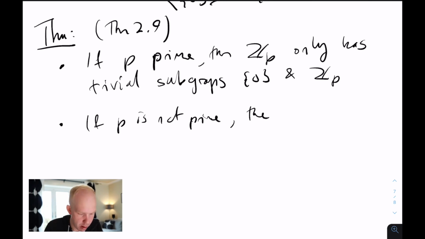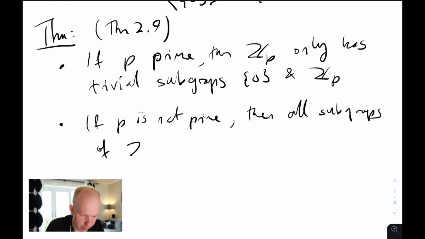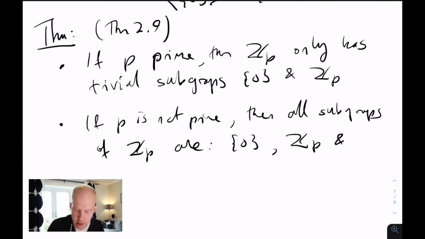And the second thing is, of course, that if P is not prime, then all subgroups of ZP are the following. They are 0, the trivial ones, ZP, and then just the subgroups generated by a single element.